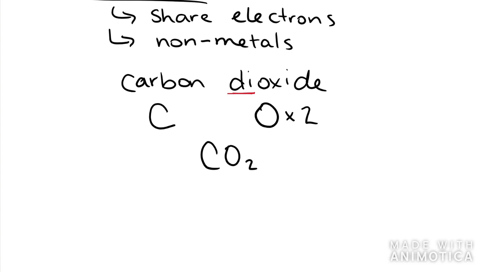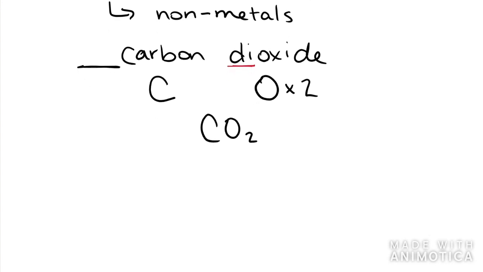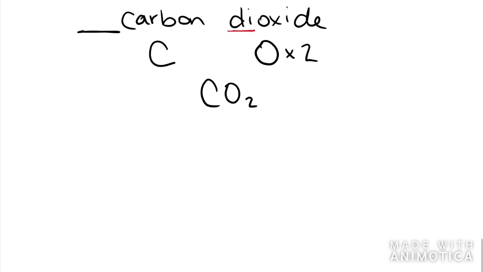The reason why I know there's only one carbon is because we don't have a prefix there. If there is no prefix before the first one, it means that we are going to just have one. But how do we show if we only have one for the second one? Well, that's as easy as doing something else that you guys have probably heard of before, carbon monoxide.